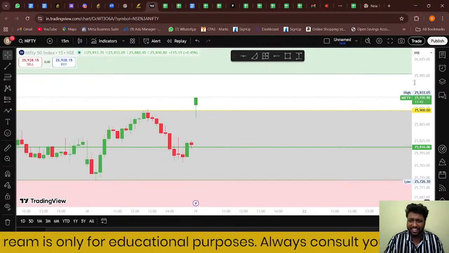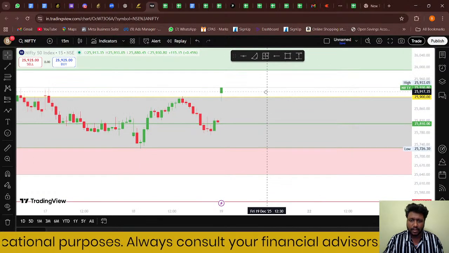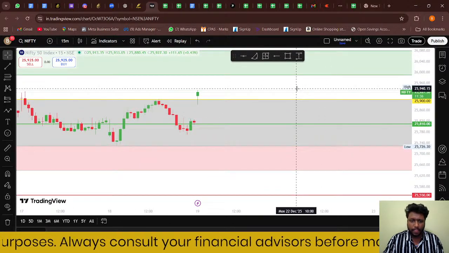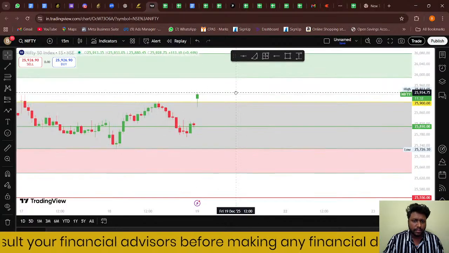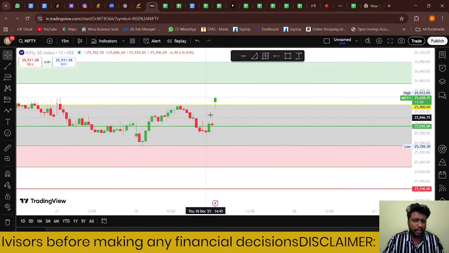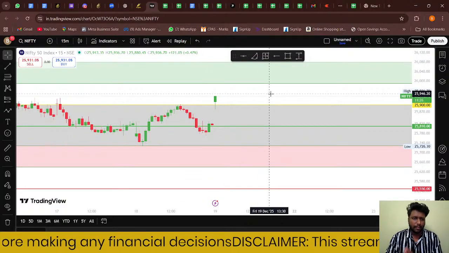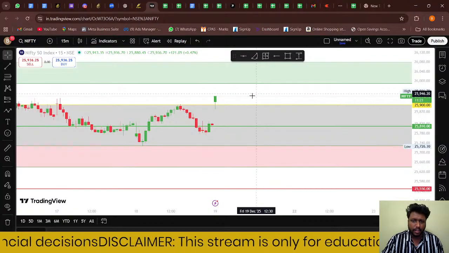Again, it's a pretty volatile opening, and likewise always the first 15 minutes are kind of volatile only. So there is something called gap up theory. When it is opening anywhere above 50-60 points, then we can definitely utilize the gap up theory as well.